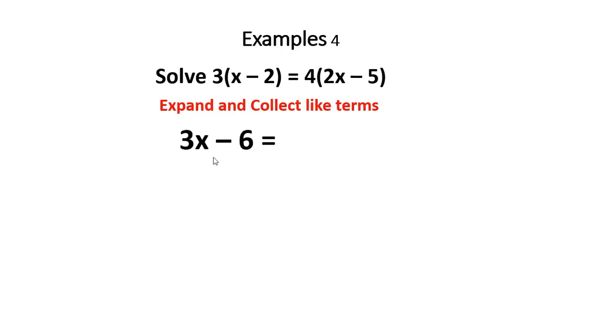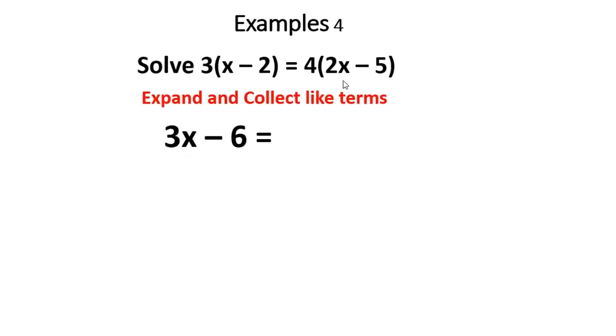You would use the 3 to open the bracket, and you would have 3x minus 6. 3 times x equals 3x, and 3 times minus 2 equals minus 6 on the left hand side. Now let's go to the right hand side. We're going to do exactly what we did here. Boom, you have 4x minus 20.